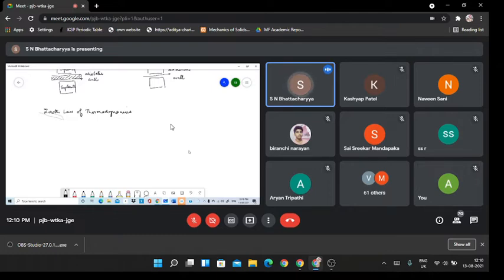The statement you probably would be familiar with: two systems in thermal equilibrium with a third are in thermal equilibrium with each other. So let us say I have two systems A and B which are not in thermal equilibrium with each other.